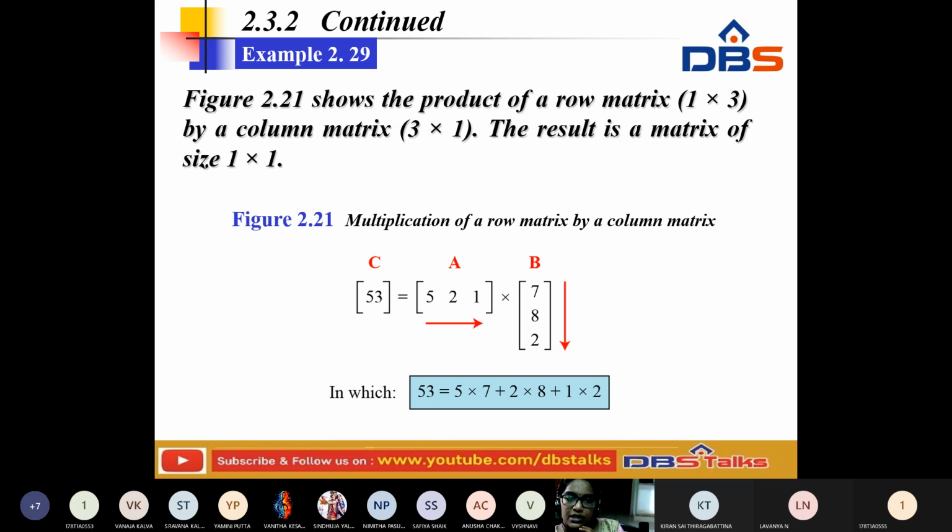First, the first row first element in the first matrix with the first element in the second matrix.